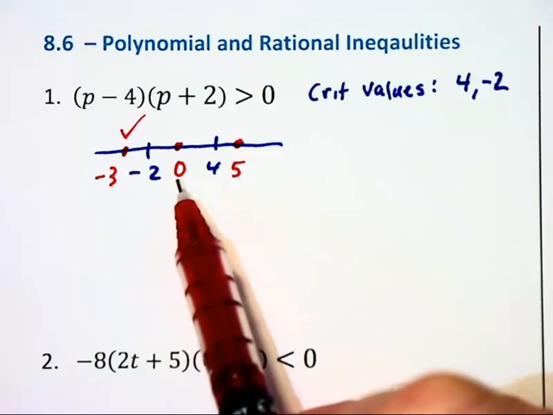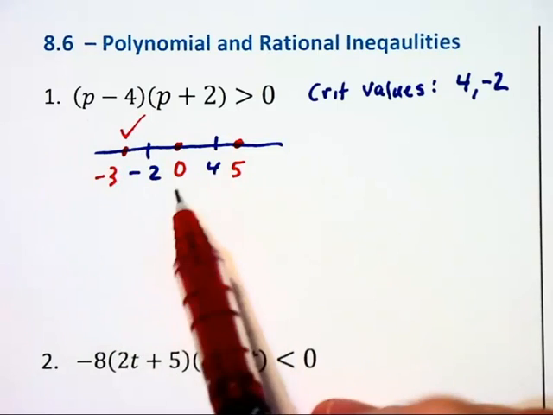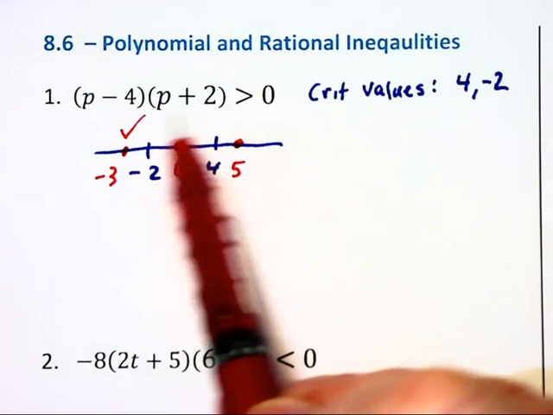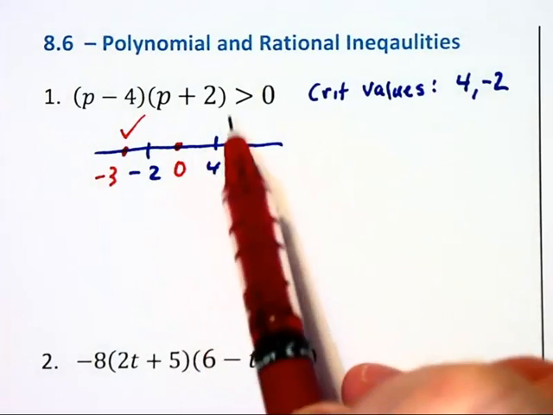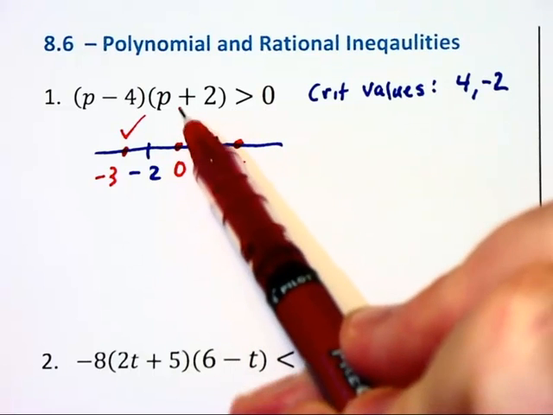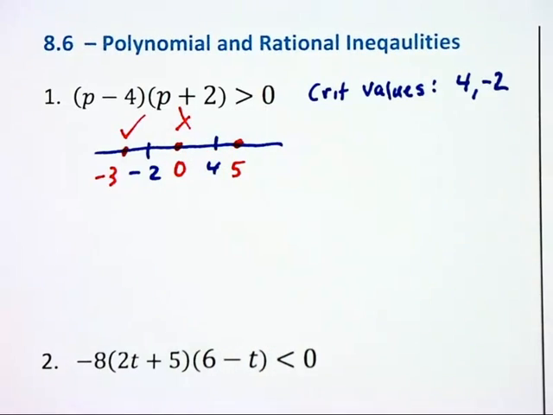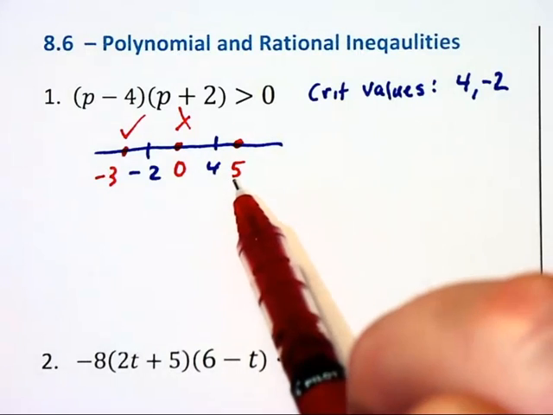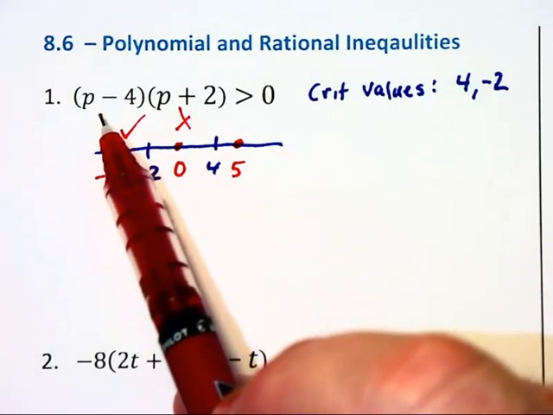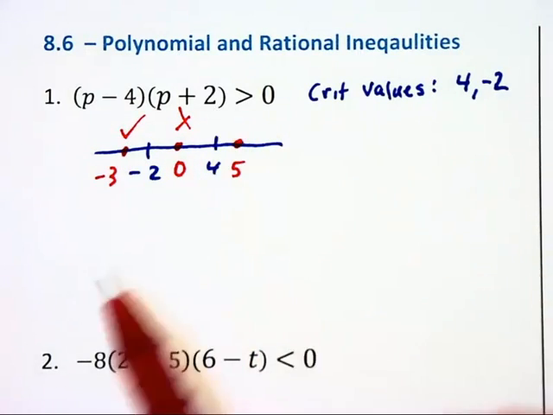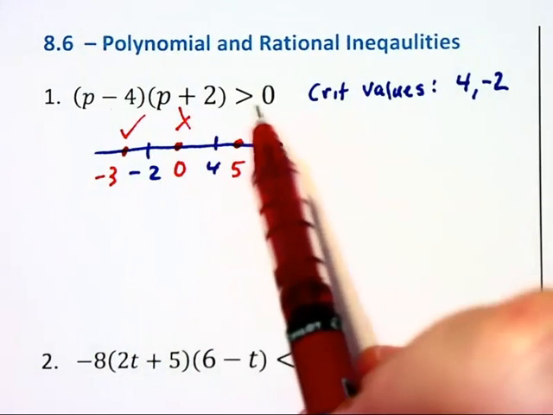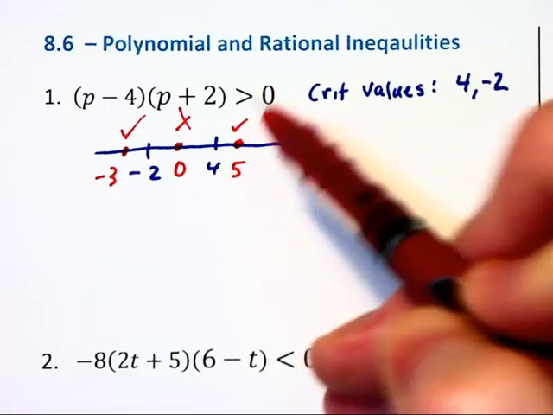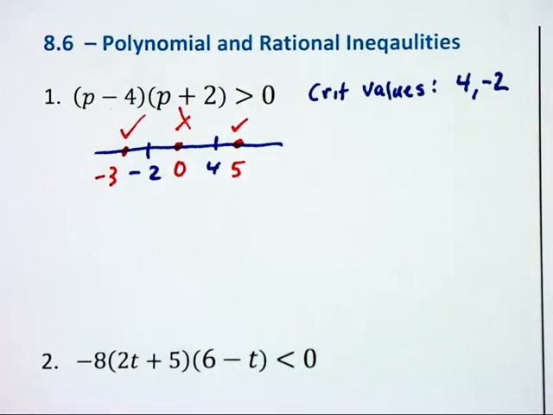Now let's try 0. 0 minus 4 is -4, and in the next parentheses 0 plus 2 is 2. -4 times 2 is -8, which is not greater than 0, therefore it is not part of the solution set. Likewise, 5 will give me a positive in the first parentheses and a positive in the second parentheses, and positive times positive will be positive, which is bigger than 0, and 5 will be in the solution region.